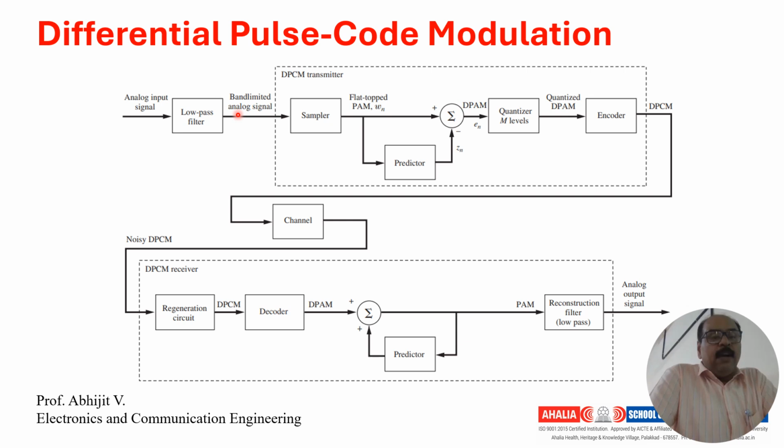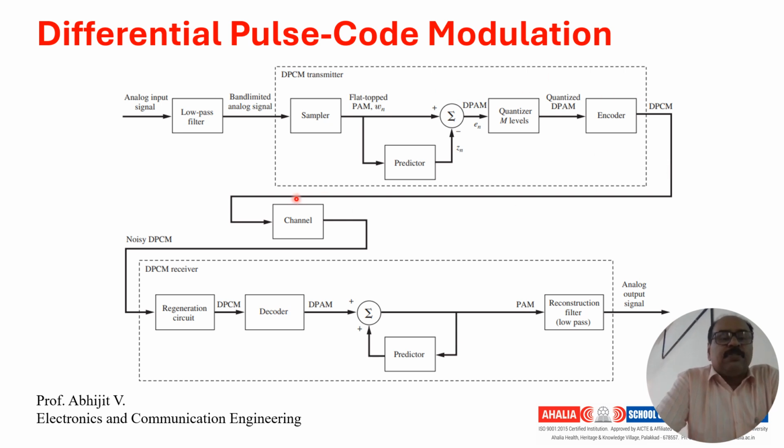As usual, we have a band limited analog signal entering here. Like for PCM, we have a sampler, quantizer and encoder. Here we have a linear predictor and we are making a feedback system so that only the difference is being quantized and transmitted. This DPCM sampler, quantizer for any M levels or L levels, and then you have an encoder here. This together forms the DPCM transmission system.